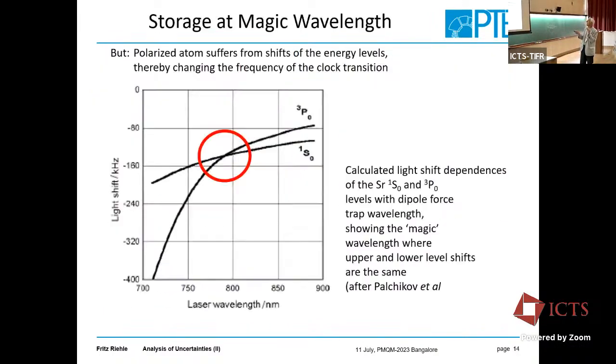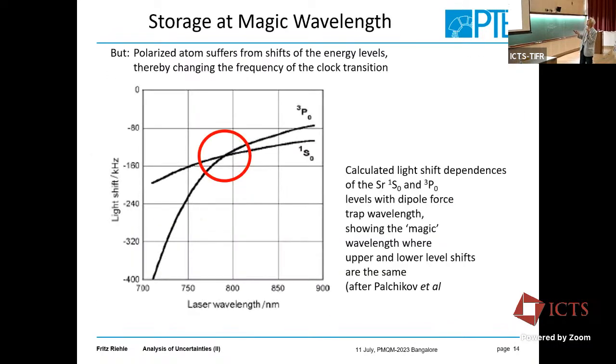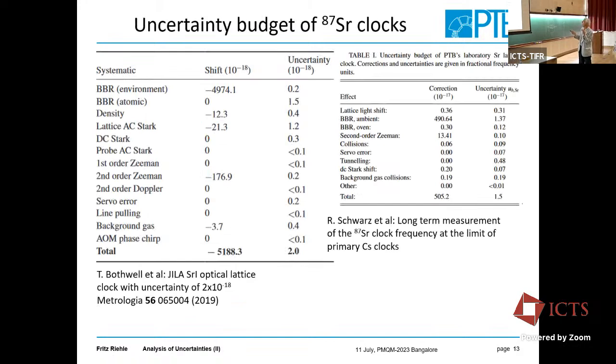And in this case, they came to the conclusion that this residual shift is of the order of 10⁻16, but they believe that they can correct it to an uncertainty of 2 times 10⁻19.